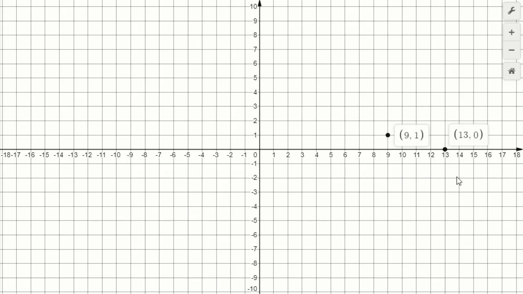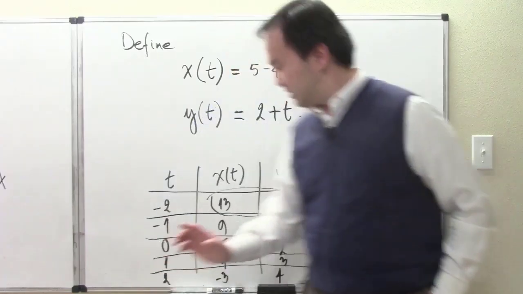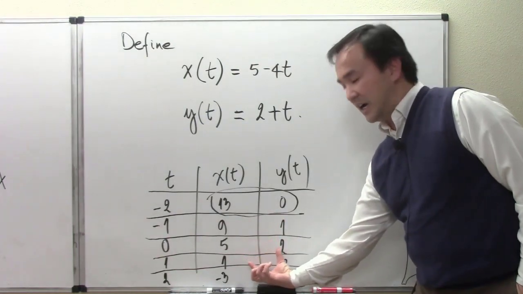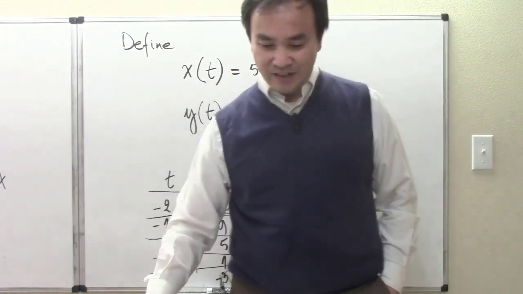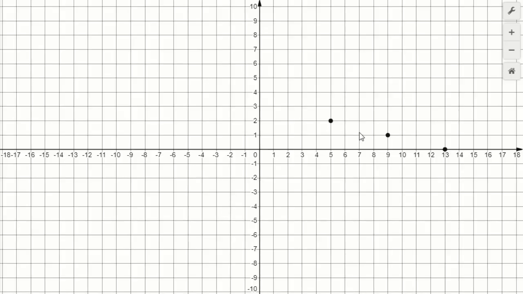There are only 2 points so far, so it's not much to tell about the story, but let's continue further into our table of values. When t equals 0, this third point that just popped out is equivalent to our third pair of values, 5, 2. Okay, so let's continue further right here. All right, our first point when t equals -2, we're looking at this point here.